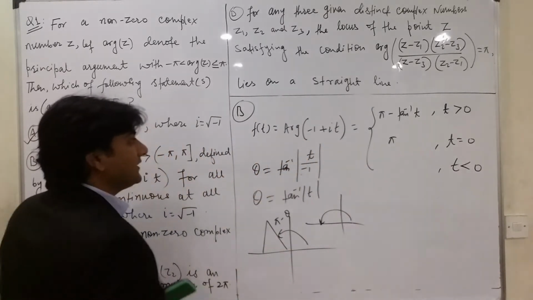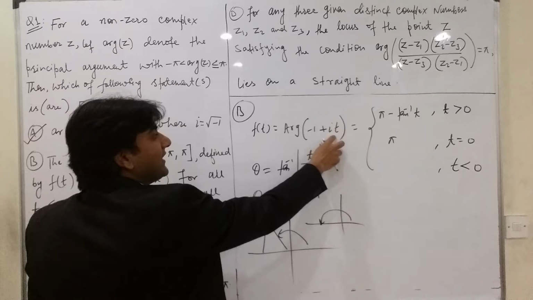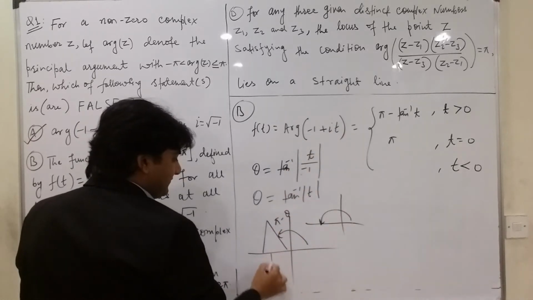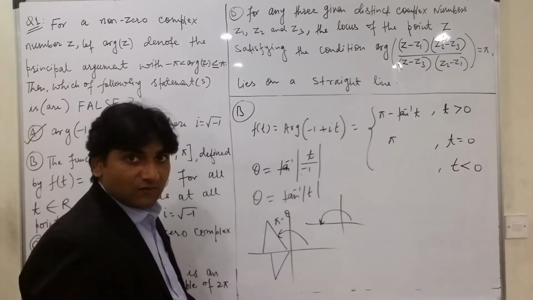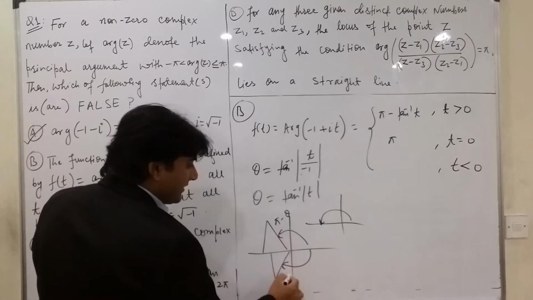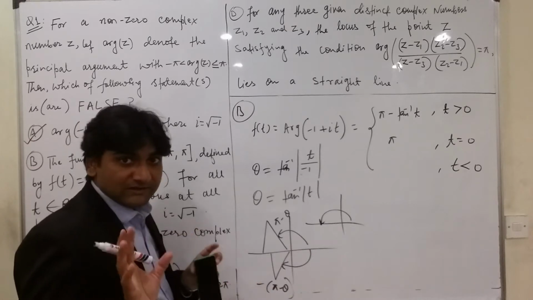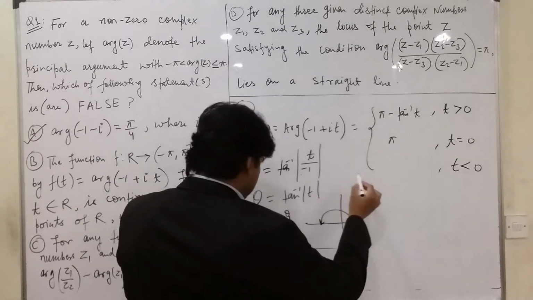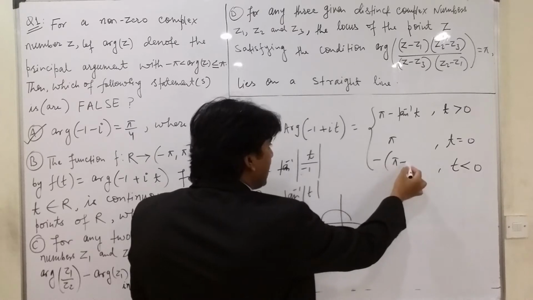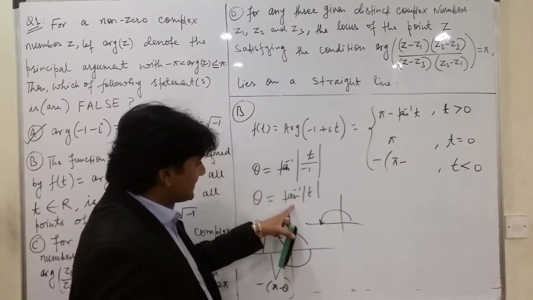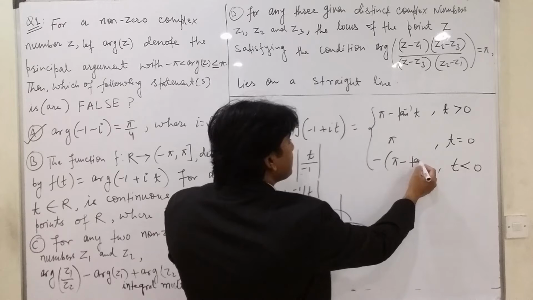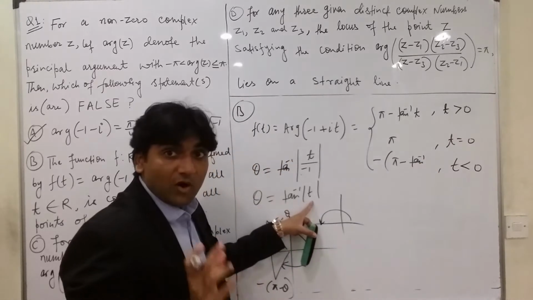But when t is less than 0, what will happen? T is negative, which means y is negative and x is negative, so it lies in the third quadrant. In the third quadrant the argument is minus of pi minus theta, and theta is tan inverse mod t.